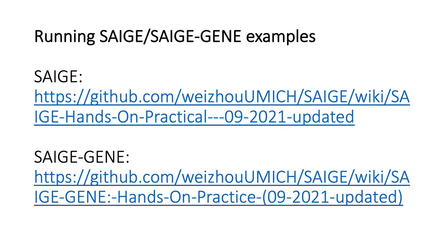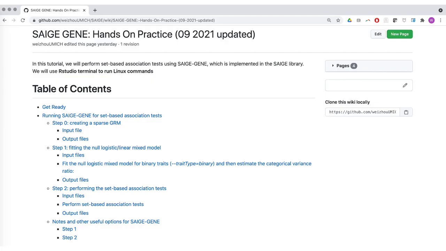Next, if you are interested in conducting gene or region-based tests for rare variants, you can click on the second link here, which will take you to the wiki page we created with examples of SAIGE-GENE jobs. Here we can see this page contains similar formats as SAIGE that we have gone through for the hands-on practice.